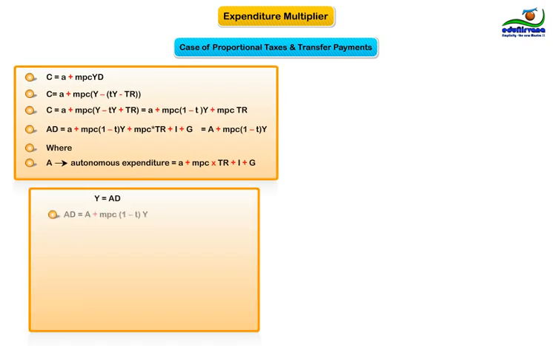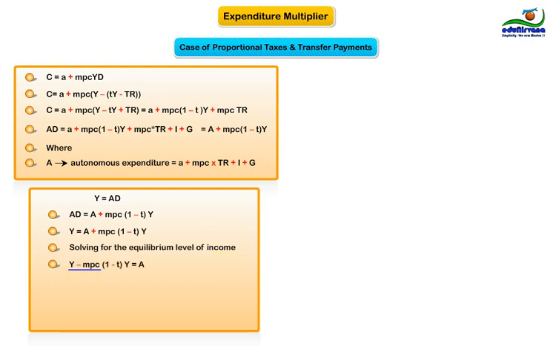Since AD = A' + MPC × (1 - t) × Y, we can rewrite the same equation as Y = A' + MPC × (1 - t) × Y. Solving for the equilibrium level of income, Y - MPC × (1 - t) × Y = A'. Y = A' divided by (1 - MPC × (1 - t)).